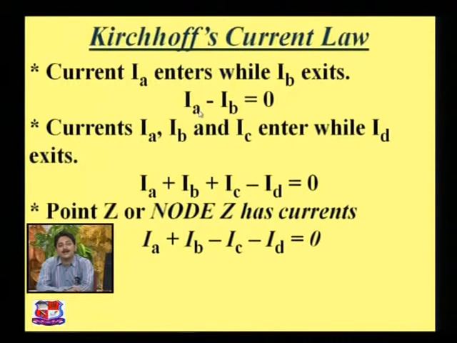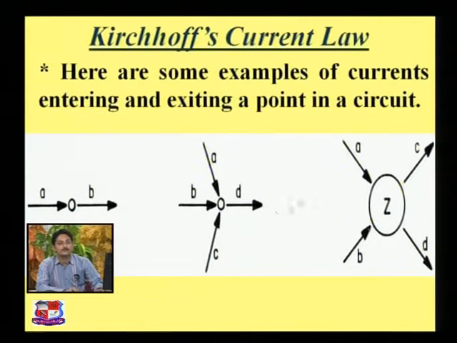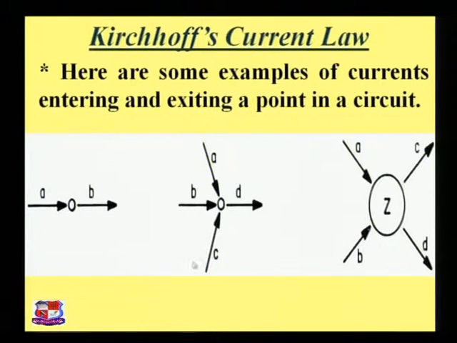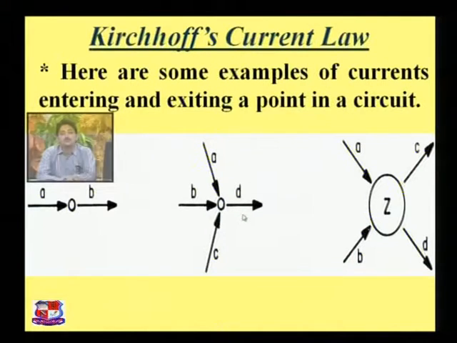So we can say that IA minus IB equals 0 for figure A. Then for figure B, we can say IA plus IB plus IC, because all three currents are entering the node, so they are all considered positive, but minus ID, because ID is flowing out of the node.